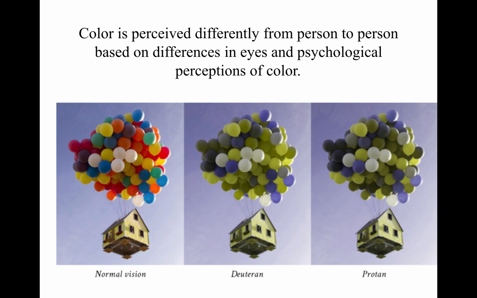Color is subjective to a degree. It can vary from person to person based off of genetics in terms of their rods and cones and the receptors in their eyes, or neurological functions inside the brain. Okay, so this is an example here of how different people might perceive the same thing.